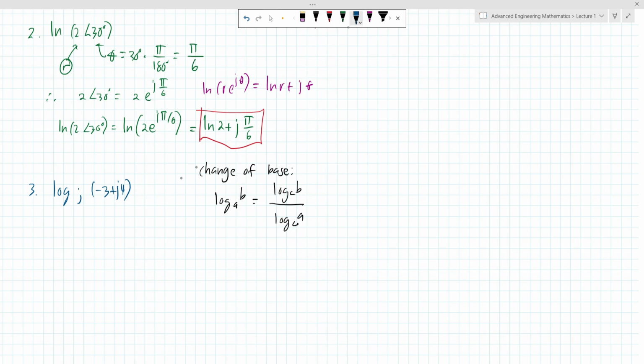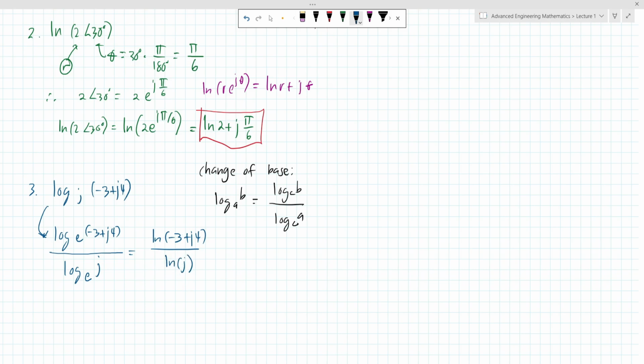If we introduce the new base e, this can be written as the log of negative 3 plus j4 to the base e over the log of j to the base e. Remember, if the base is e, you don't write log, instead write ln. So ln of negative 3 plus j4 over the natural log of j.